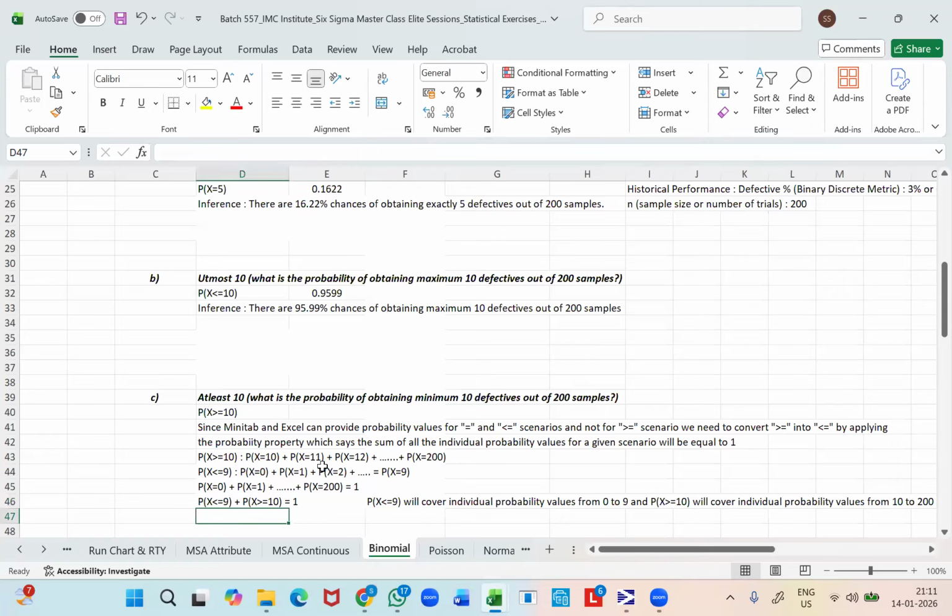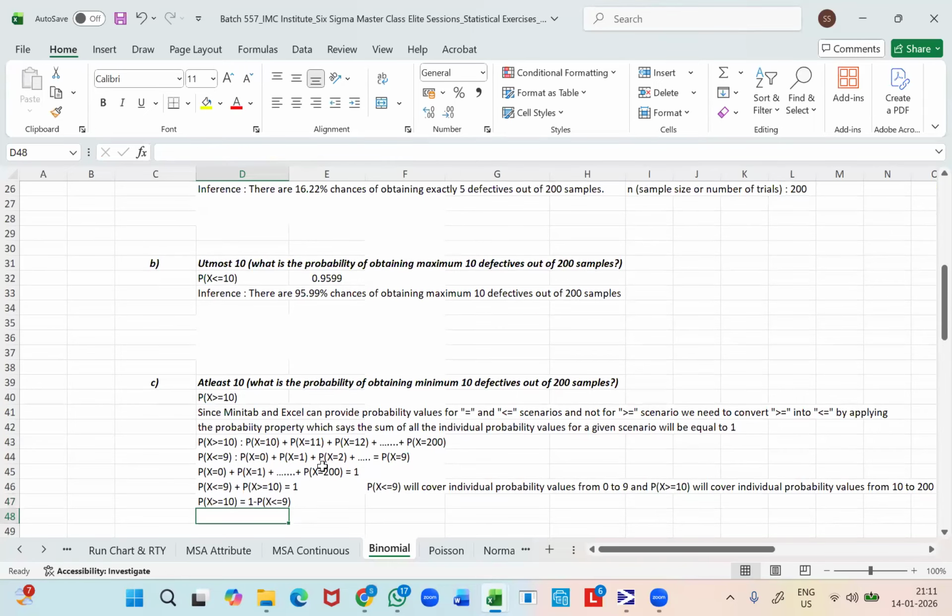So now I can convert. P of X greater than or equal to 10 will be rewritten as 1 minus P of X less than or equal to 9. So this can be treated as a standard notation. So whenever we encounter this greater than or equal to scenario, this is how we need to perform the conversion for a discrete probability distribution case scenario, right?